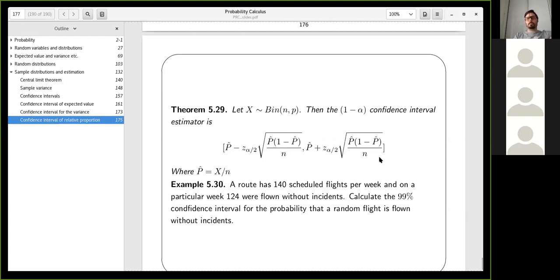And for binomial distribution, when n is macroscopically large, so we're talking about hundreds of repetitions, this is so close to the normal distribution that this is actually a very good confidence interval estimator. And we can notice that this will really rapidly go towards zero.